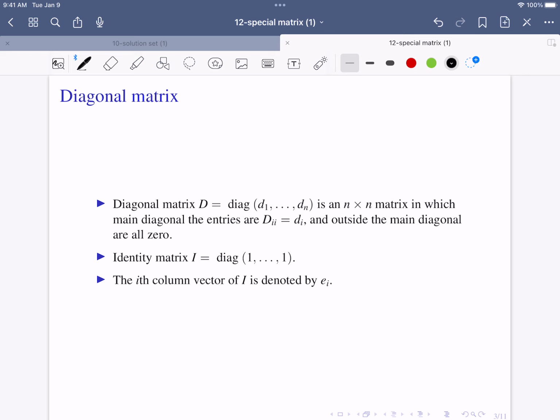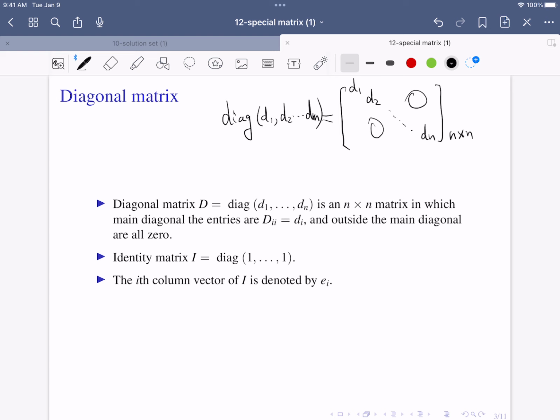So for example, a general form of an n by n diagonal matrix can be written with d1, d2, up to dn on the diagonal and 0 elsewhere. The notation is diag(d1, d2, ..., dn). So this is a diagonal matrix.